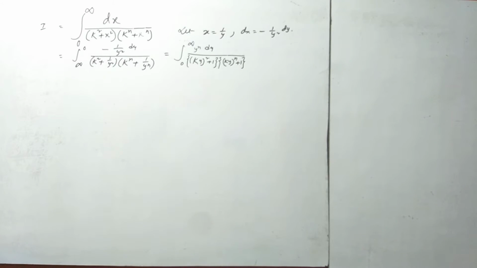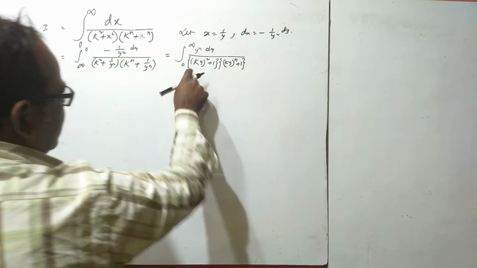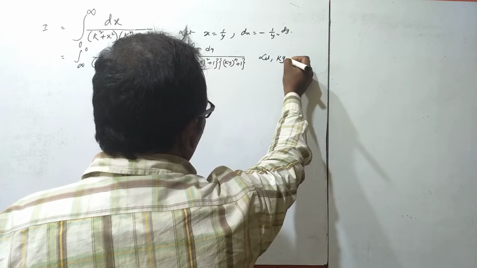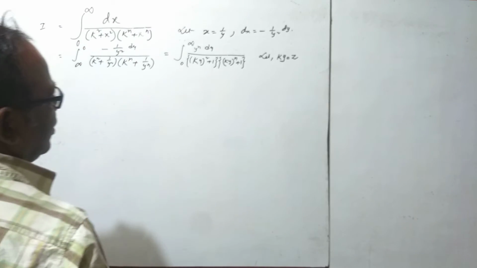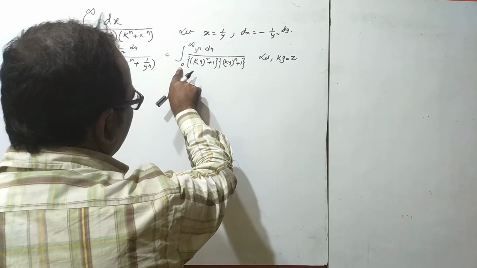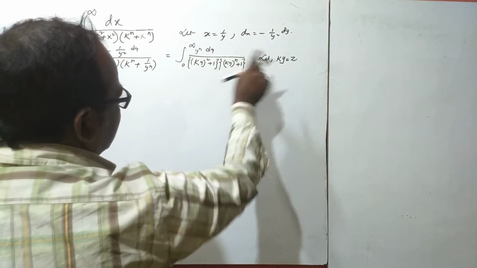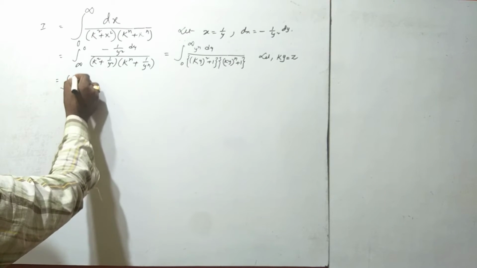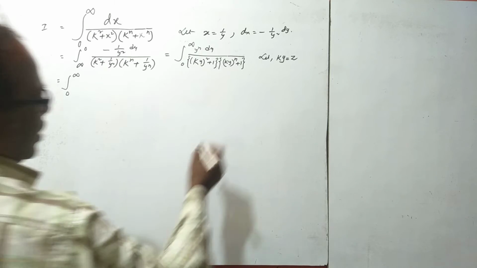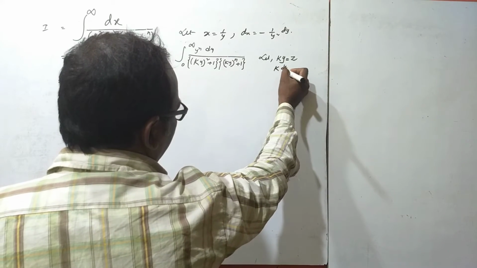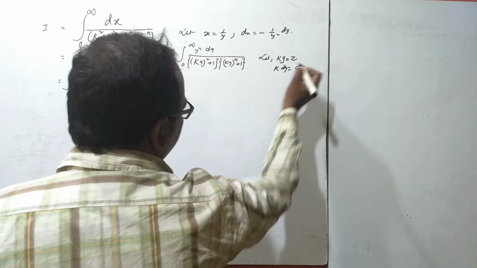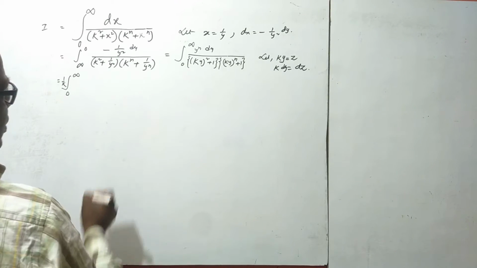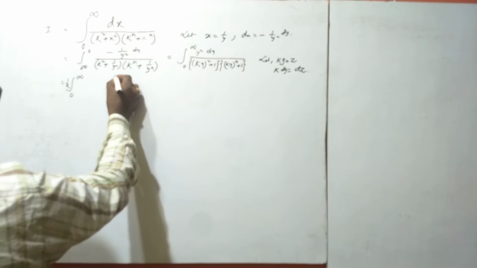Okay, now let us assume ky as z. Again, let ky be z. If y is 0, then z is 0. If y is infinity, then z is infinity. So this is 0 to infinity, and differentiating, dy becomes 1 over k dz.